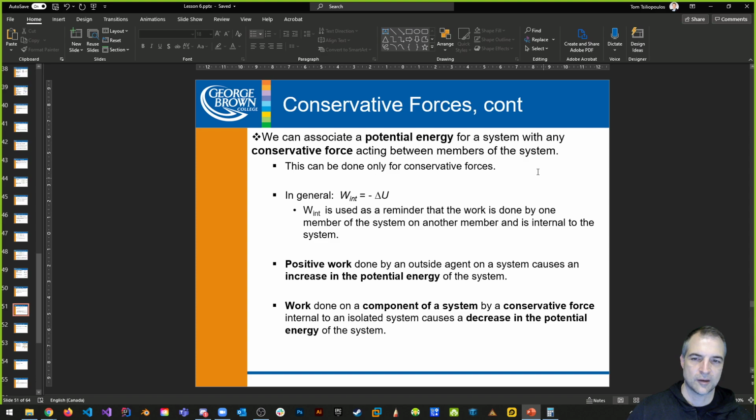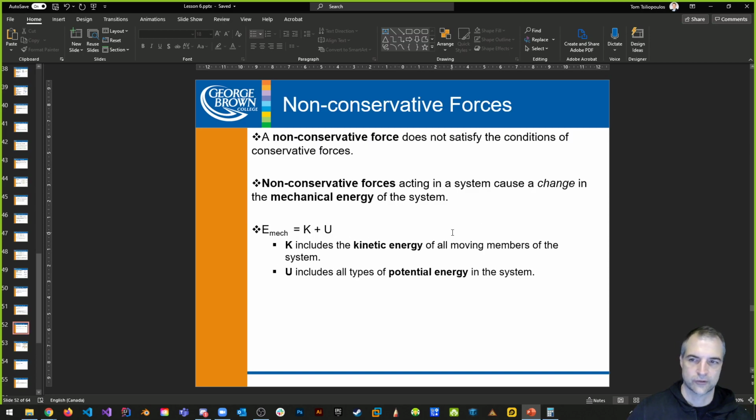So we can associate any potential energy for a system with any conservative force. We can say that the work, let's say internal energy, like we talked about, heat, is equal to the negative change in potential energy. Non-conservative forces, on the other hand, do not satisfy the conditions of conservative forces.